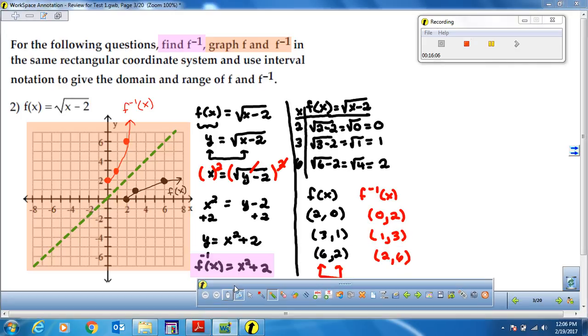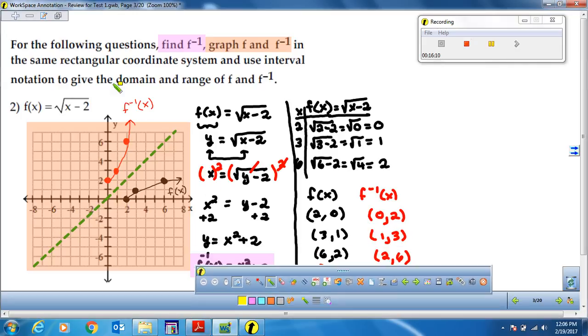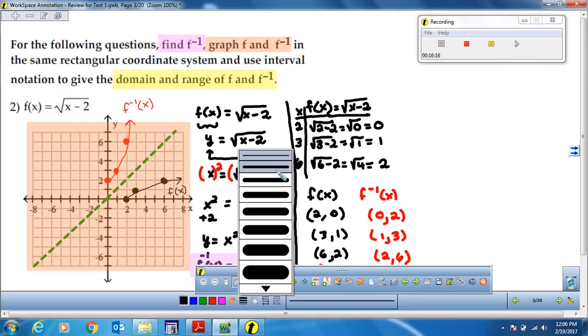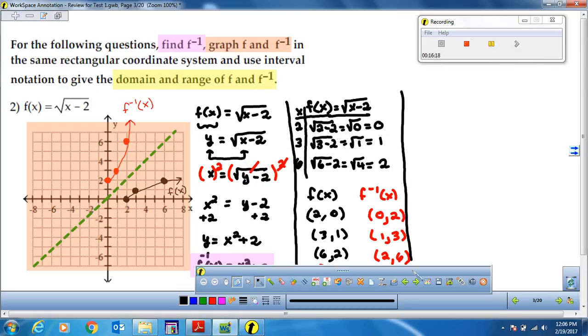And last but not least, third part of the question, we're going to determine the domain of both f of x and its inverse function. So we're going to start with f of x. The domain of f of x, remember that right here the f of x is this one.